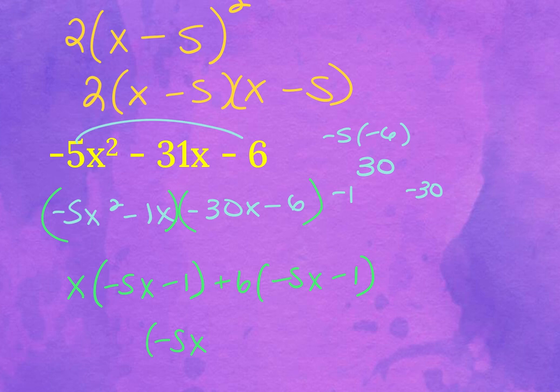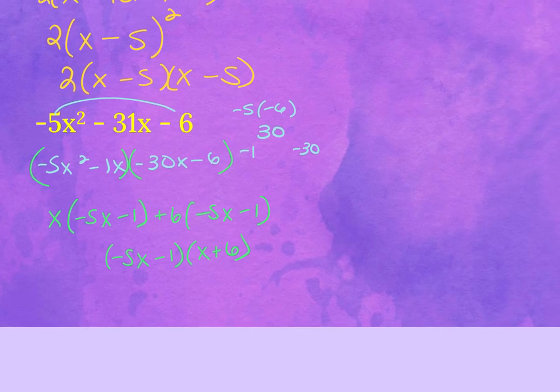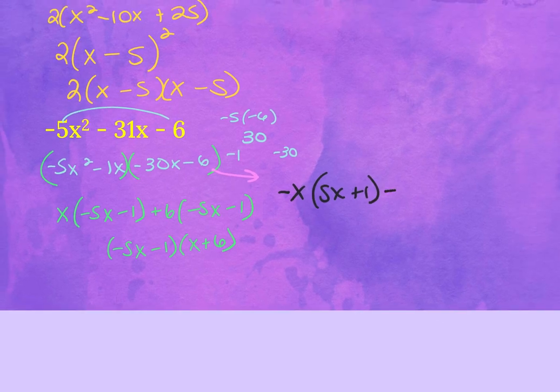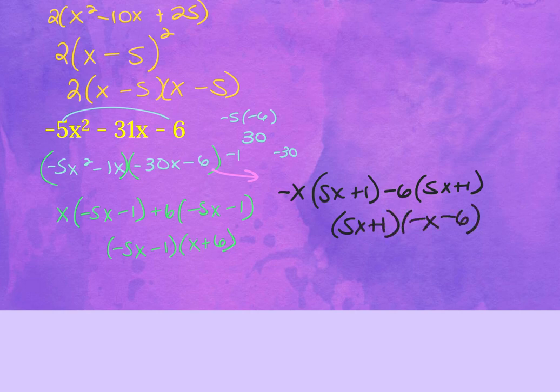And I get negative 5x minus 1 times x plus 6. You could have also taken out a negative x, and it would have been 5x plus 1, and taken out a negative 6, and it would have been 5x plus 1. And then I'd get 5x plus 1 and negative x minus 6. Both of those are right. Questions?